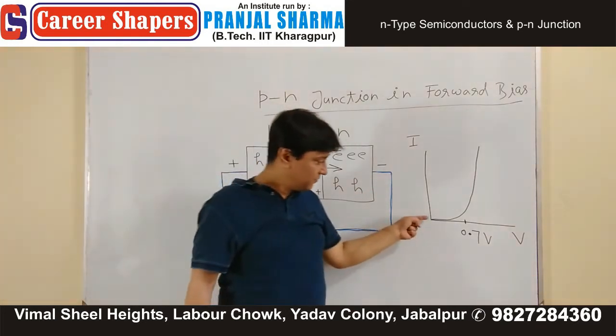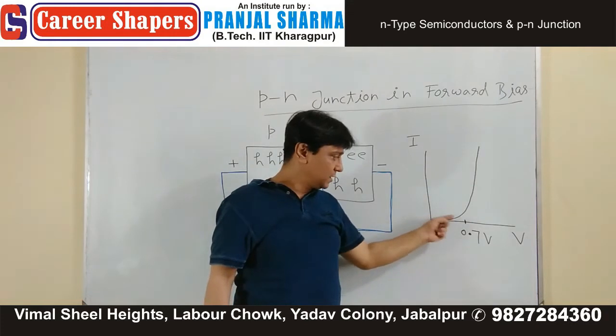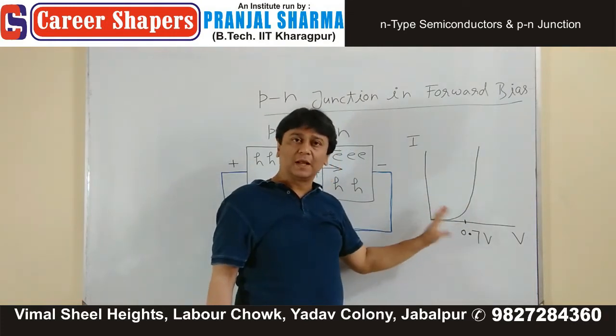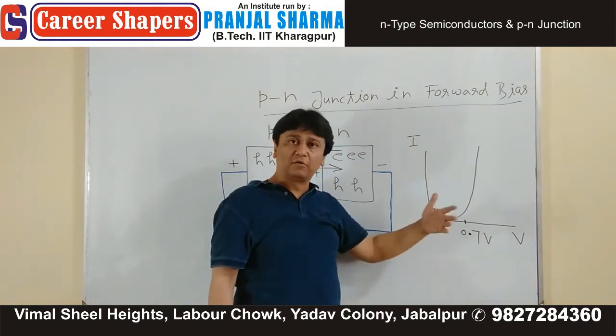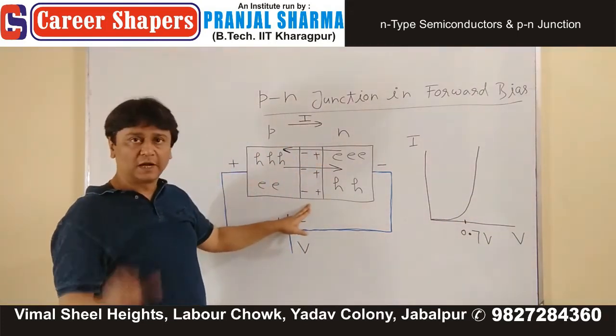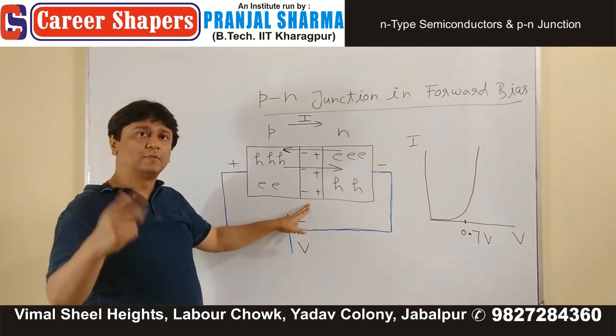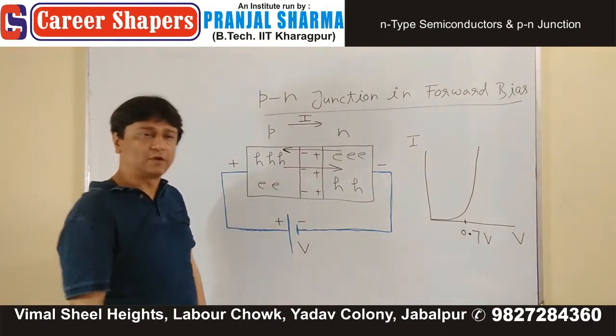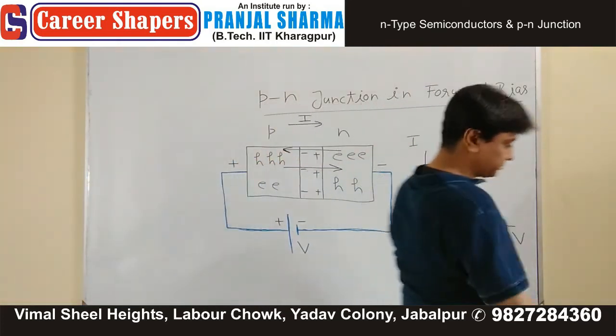Remember, the flat portion slightly going up, it tells us that as we are increasing voltage, depletion layer, its width is decreasing, that is potential barrier is decreasing. So write down this.